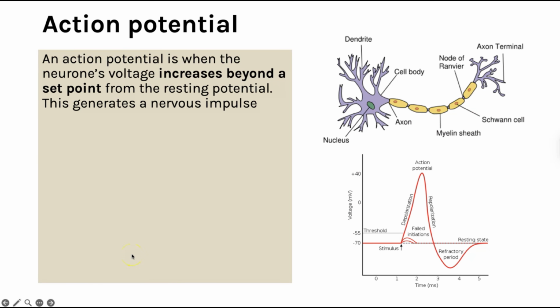Now, an action potential is when there is a response to a stimulus, and you only get this response to the stimulus if the stimulus is big enough to increase the neuron's voltage beyond a set point, a threshold.